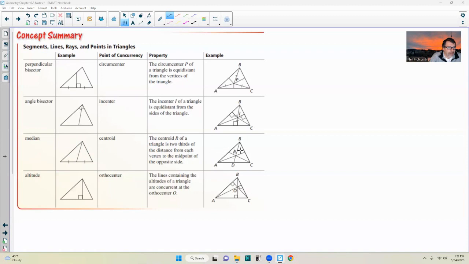And the altitude is a perpendicular from the vertex down to the other side. If you did three altitudes, they meet at the orthocenter. So review these concepts, get familiar with these words and where they intersect, and you'll be all set.